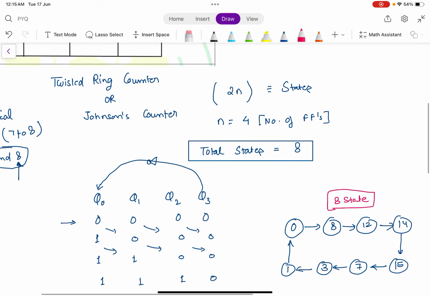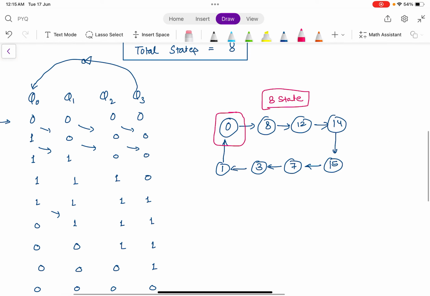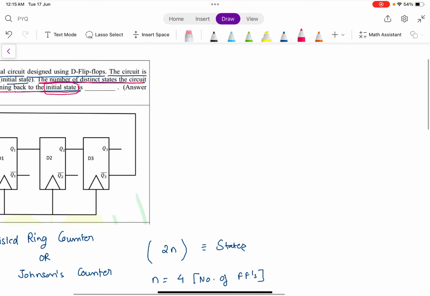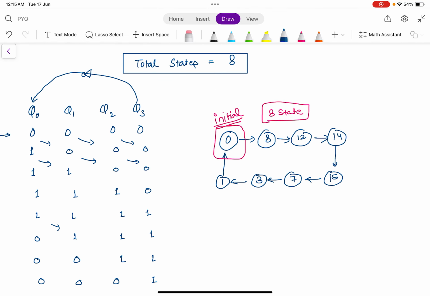So you don't have to count 0. You have to see what are the distinct states before returning to 0. That is, 0 is our initial state, which I have assumed. So it is written that before returning to the initial state, how many distinct states were in the counter? So there are 1, 2, 3, 4, 5, 6, 7.